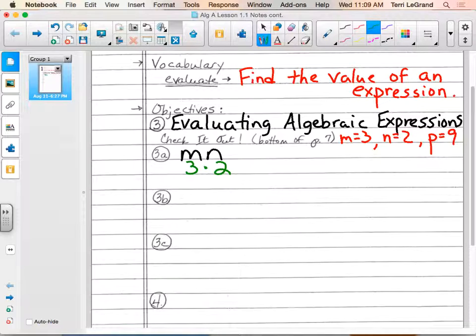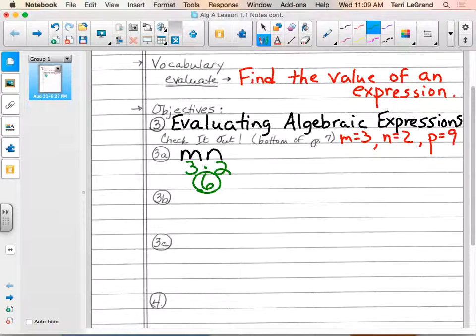We don't use our calculator unless we absolutely have to. Don't let your brain be a machine. We can multiply 3 times 2. We just evaluated mn, given what they wanted m to be and what they wanted n to be. Questions on that one?